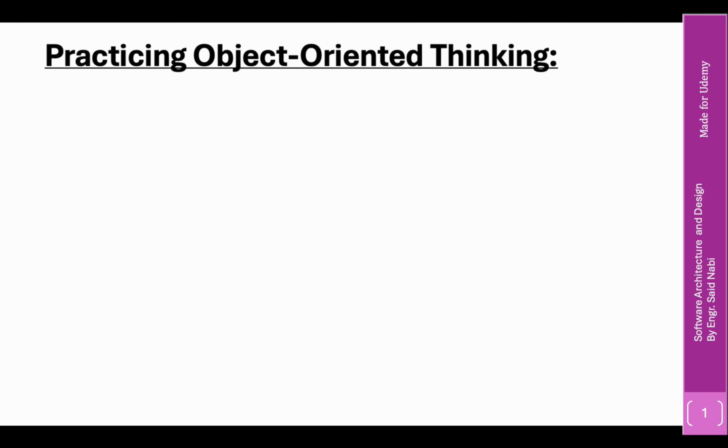Alright, since this is one of the most powerful techniques in software design and architecture, I want you to practice object-oriented thinking. The good practice would be to view the world as objects with attributes.